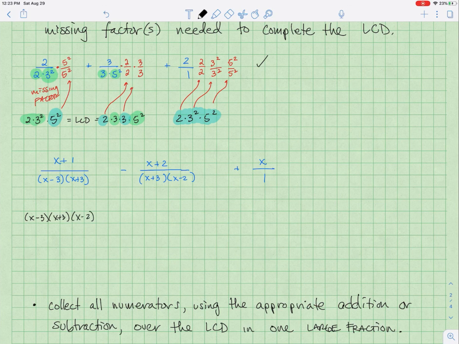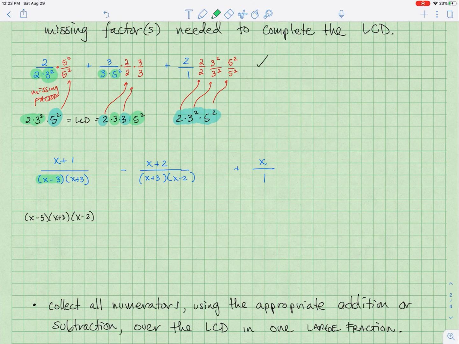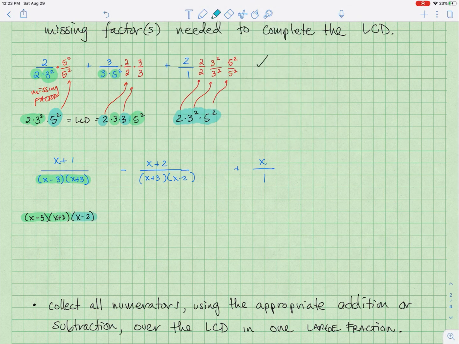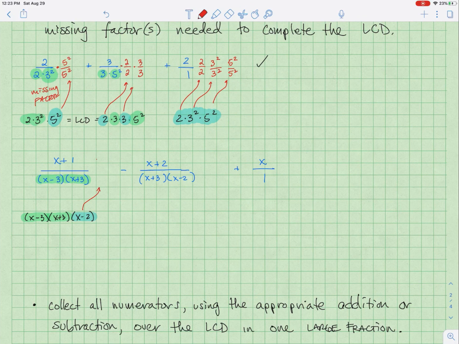So in this first expression, we have the x minus 3, we have the x plus 3, but we're missing the x minus 2. So we need to multiply top and bottom by x minus 2, not plus 2. x minus 2 over x minus 2.